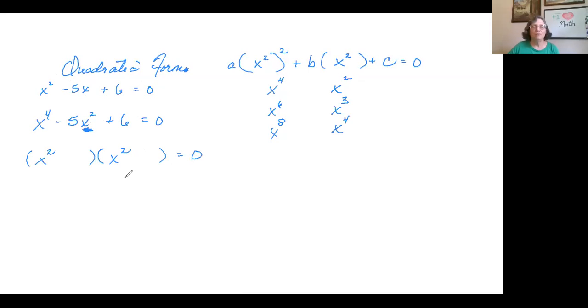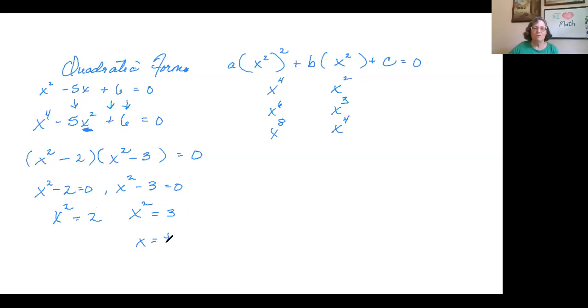That takes care of the variables. That part's done. We want factors of 6 that add up to 5. That's 2 and 3. To get a negative 5, it's got to be a negative 2 and a negative 3. Set my factors equal to 0. So I get x squared is 2, x squared is 3.